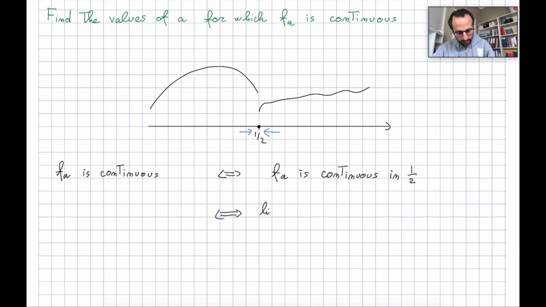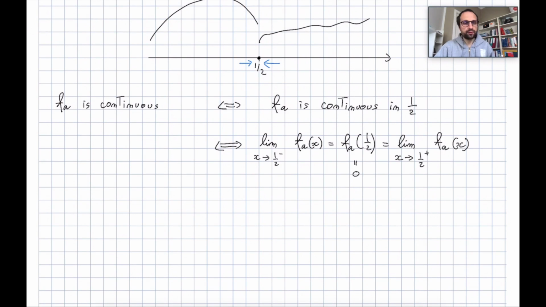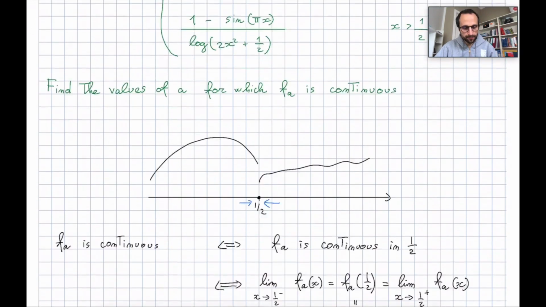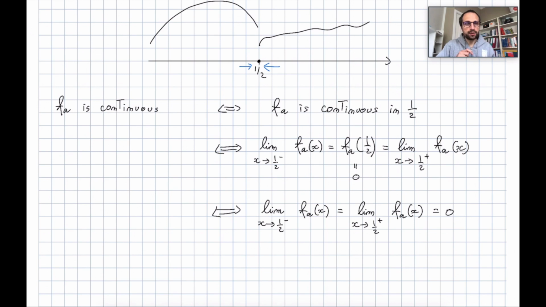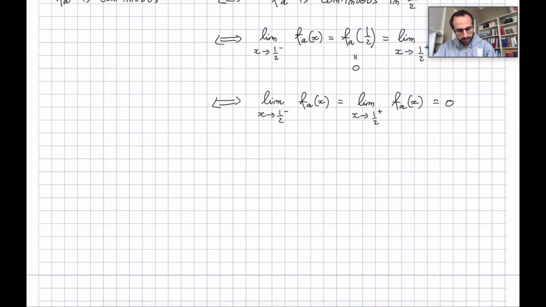So if and only if the limit as x goes to 1/2 from the left of f_a is equal to f_a of 1/2, and this has to coincide with the limit as x goes to 1/2 from the right of f_a of x. Perfect. Now we already know that f_a of 1/2 is 0, just by definition, and so this is still equivalent to requiring that these two limits coincide and that they are 0. So now we only have to calculate these two limits. Let's do it. You'll see it's not that complicated.